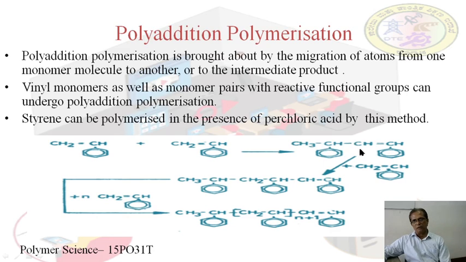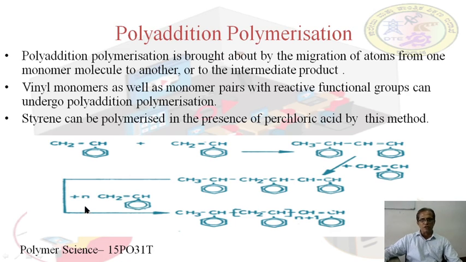In the first stage of the reaction, if one more molecule of styrene is made available to react with this, it will link up like this. The hydrogen atom from here will migrate and link up with this, thereby this becomes CH2 and this double bond will break and a linking up of this molecule takes place here.